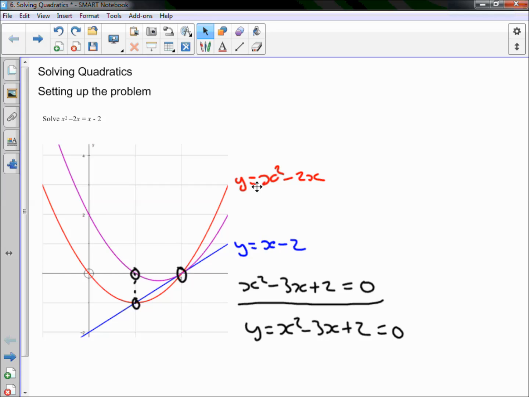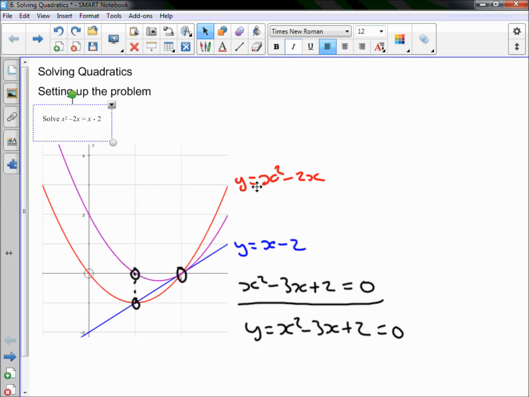So we have to look at a couple of different methods for doing that. These methods will be looking at finding ways of solving a quadratic when it's equal to 0, because we know that that will give us the roots of our y equals quadratic, and we know that those roots will be the solutions to our original quadratic equation.